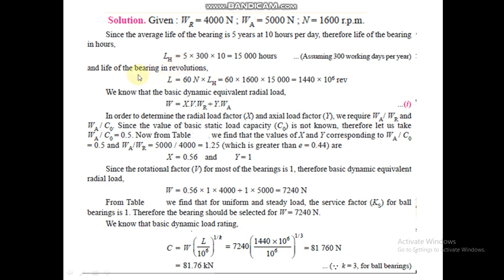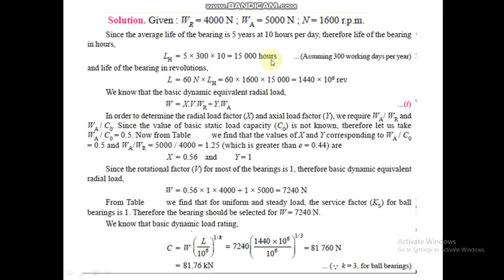And life of a bearing in revolutions. So this is life of a bearing in hours. Now life of a bearing in revolutions. In 1 minute your bearing rotates at 1600 revolutions.